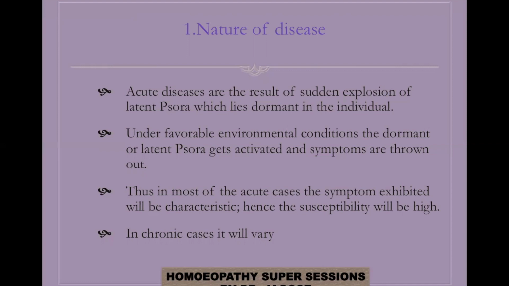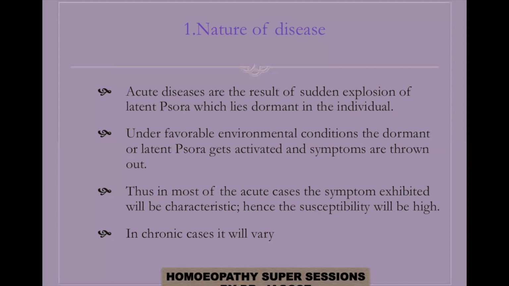So under favorable environmental conditions, the dormant or latent psora gets activated and the symptoms are thrown out. Thus, in most acute cases, the symptoms exhibited will be characteristic. Hence, we come to a conclusion that the susceptibility will be high.